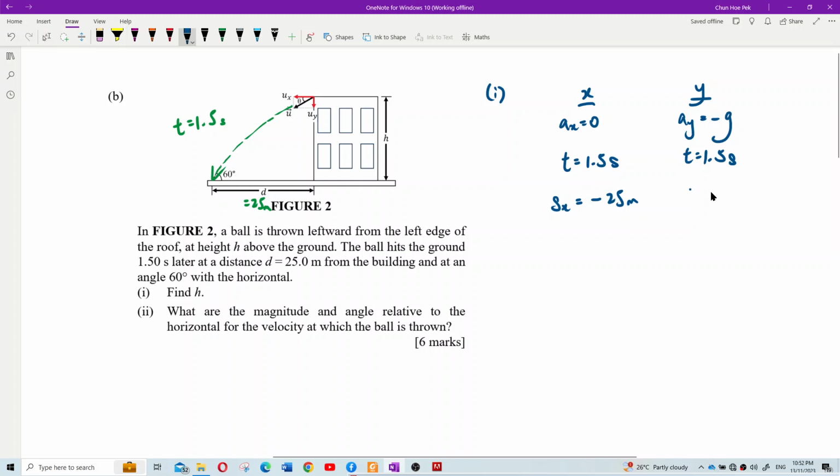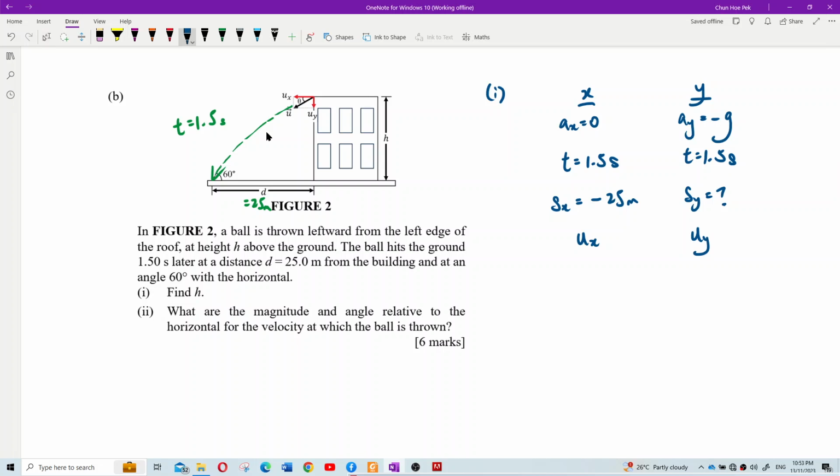SY I don't know, that's what I need to find out. I need to find H. How, class? Let's say I don't know U also. Just put it as UX, UY.